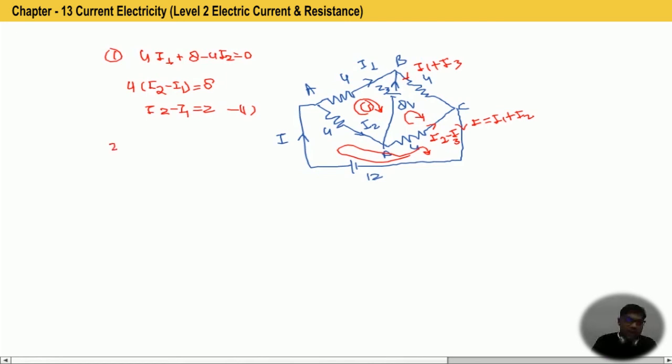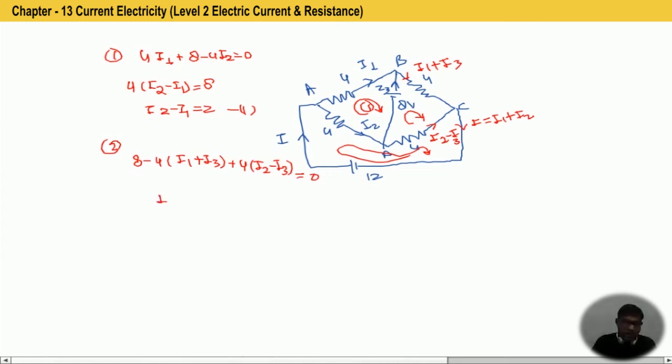Similarly, we can write the equation for loop 2. In loop 2, this is 8 minus 4(I1 plus I3) plus 4(I2 minus I3) equals 0.